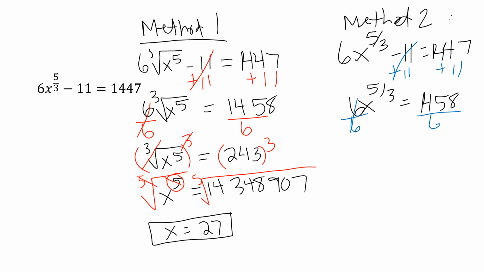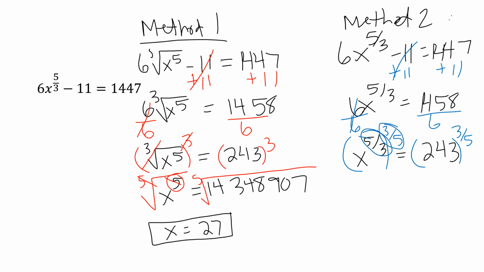The difference is when I get down to just x to the 5/3 power, I'm going to use the inverse exponent to cancel it out. The opposite of 5/3 would be 3/5. So I raise both sides to the 3/5 power. 5/3 times 3/5 cancels out, which leaves us with just x.